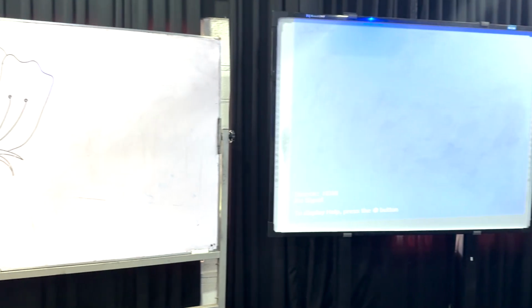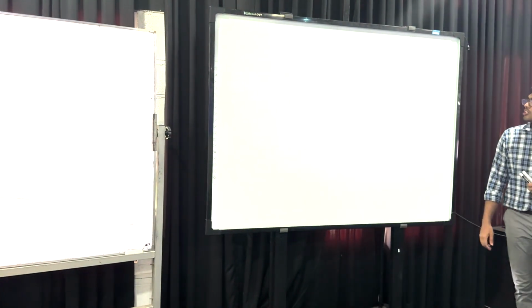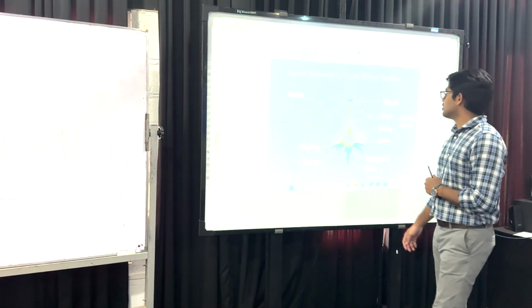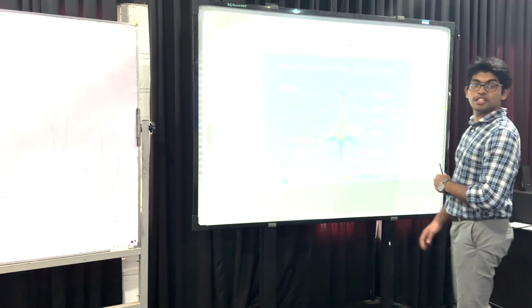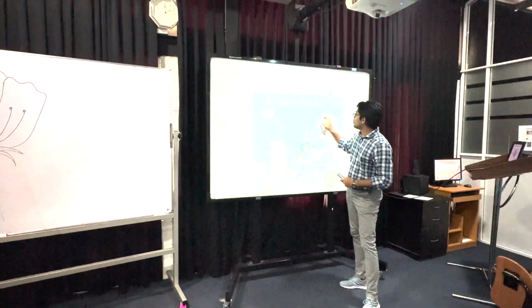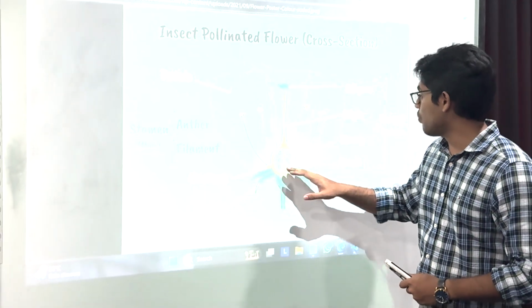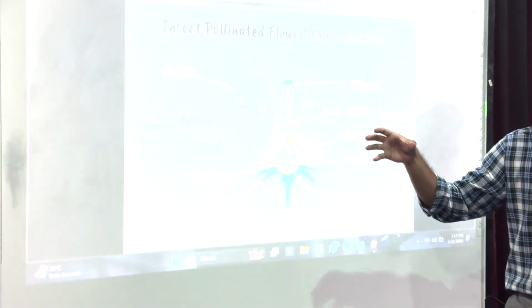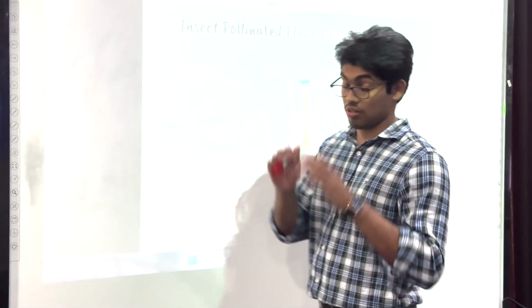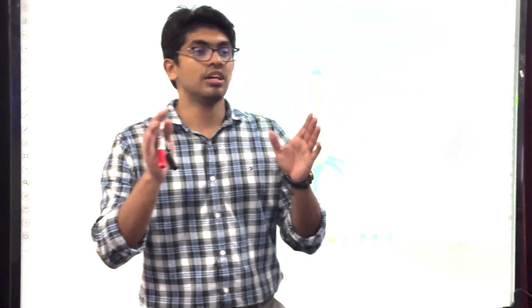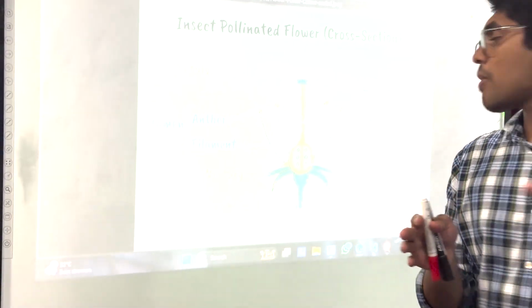Before coming to that, let's look at this. I have already named the parts of a flower. I hope you can see this properly. So here we have the stigma, the ovary and the ovules, which is the female part of the flower. First of all, we know that for reproduction we need male as well as female parts.